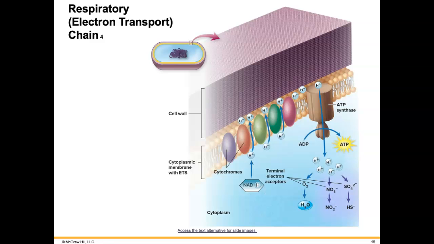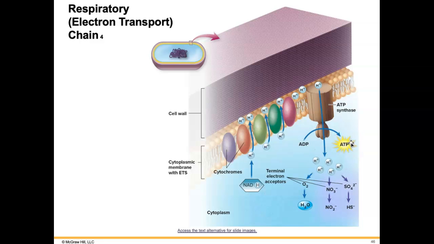Glycolysis and the Krebs cycle make NADH and FADH2, along with some byproducts, some CO2, some water. NADH and FADH2 make their way to the electron transport chain to do their magic, to wind up the ATP synthase in order to convert ADP over to ATP, which is energy.